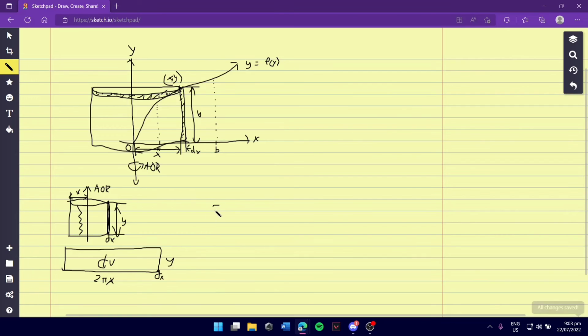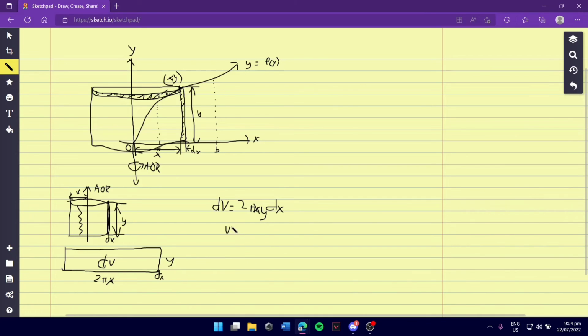So next, we'll solve for the differential volume. This will become the length times your height times your thickness, which is your dx. So 2 pi x times your y times your dx.